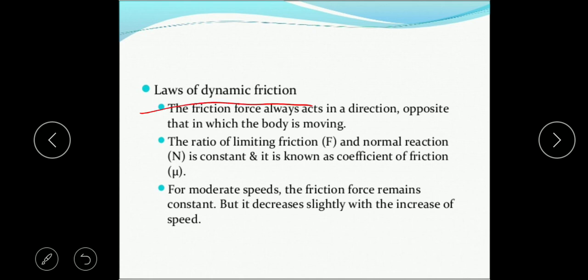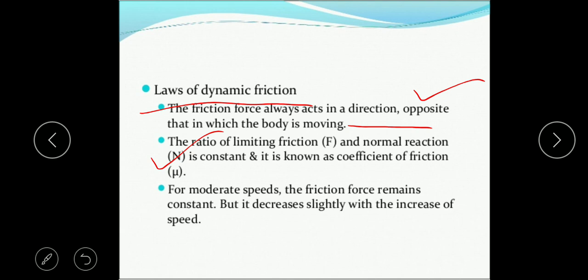Now next, laws of dynamic friction. The laws of static friction were related to a body at rest, and second are the laws of dynamic friction. Friction force always acts in a direction opposite, the same as the static friction law. Then the ratio of limiting friction and normal reaction is constant, again the same as static.